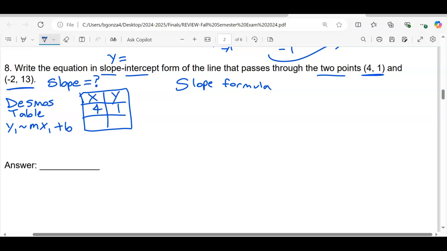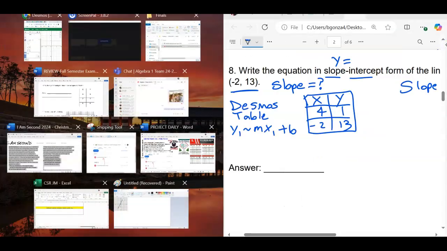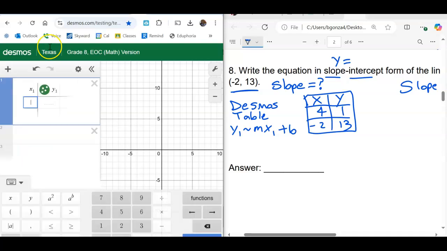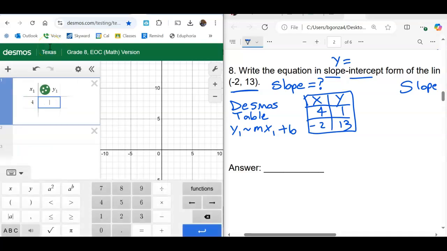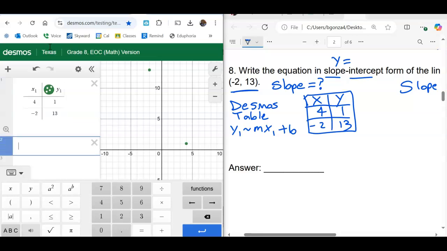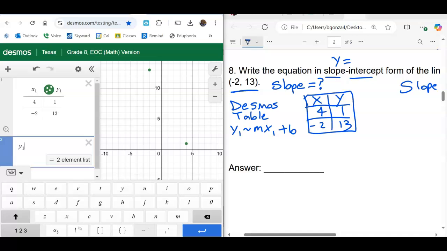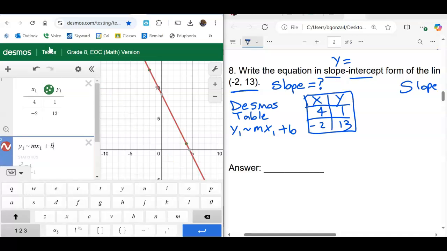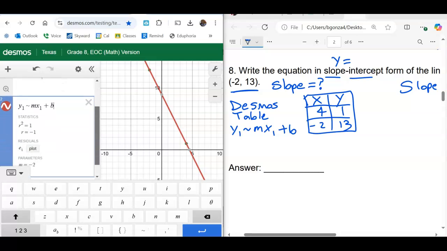You got 4, 1. You got -2, 13. Let's try this. So we hit plus sign, table, 4, 1, -2, 13. We just got to type y1 squiggle mx1 plus b. Okay, you can type that.